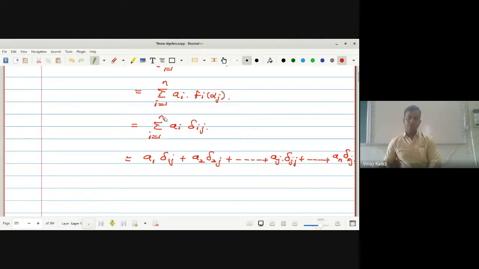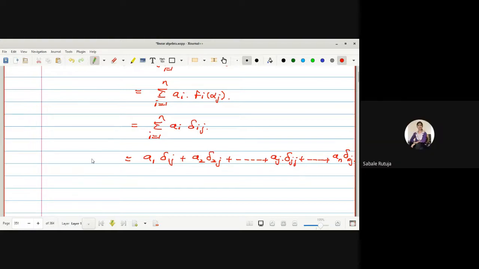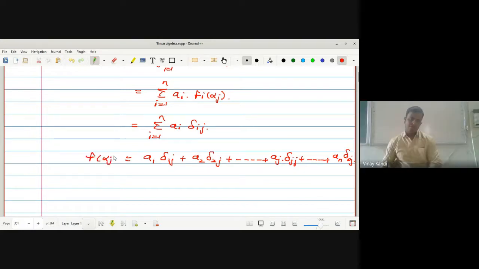In between 1 and n, somewhere you will have j. I have run i only from 1 to n: 1, 2, 3, up to j, and up to n. Is it correct? Yes, sir. Okay, so this is what you get for f of alpha j. So this implies f of alpha j is equal to what? aj only. Okay, now put this value in equation number 1.